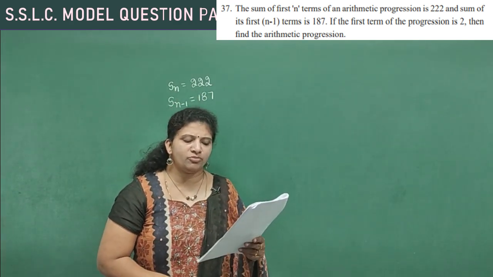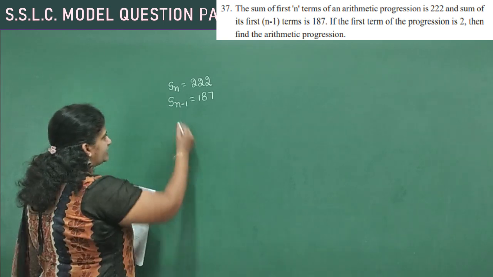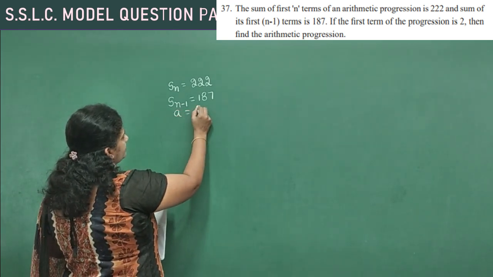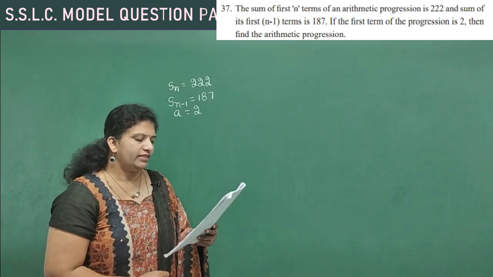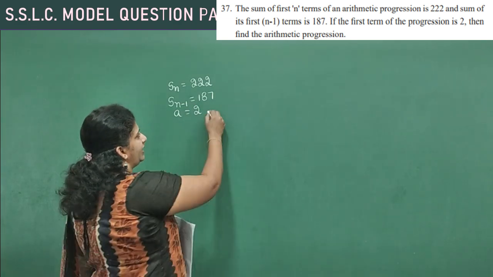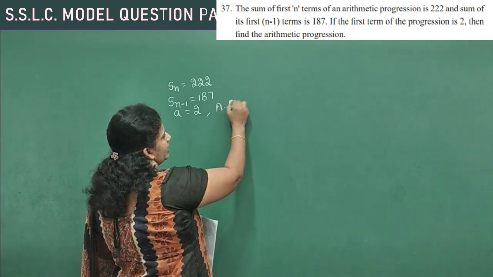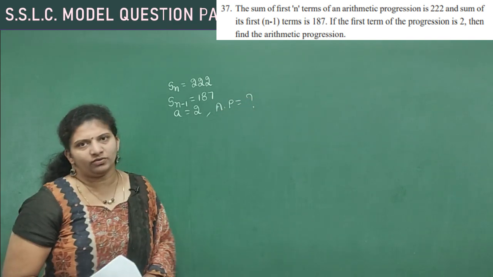If the first term of the arithmetic progression is 2, that means the first term a is equal to 2, then find the arithmetic progression. What is the arithmetic progression is your question.